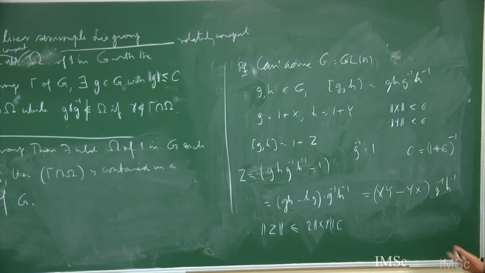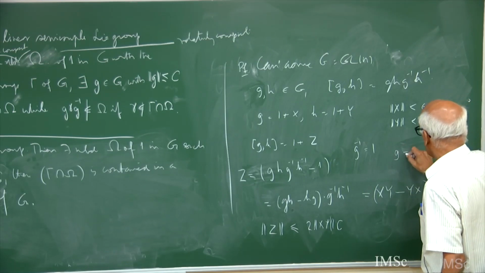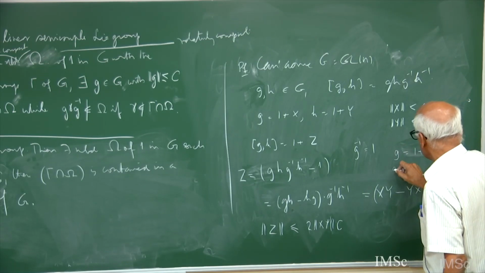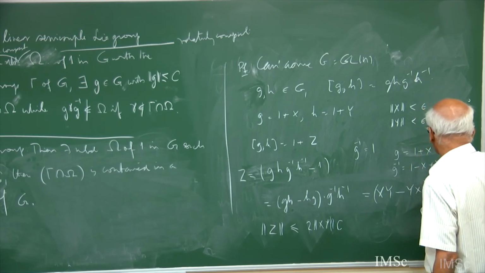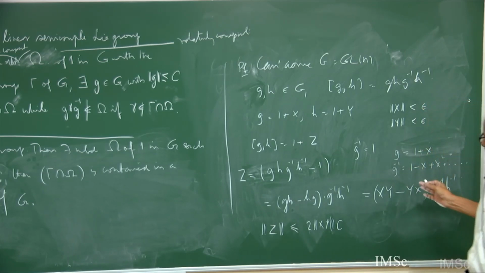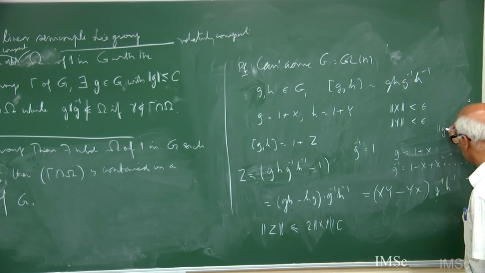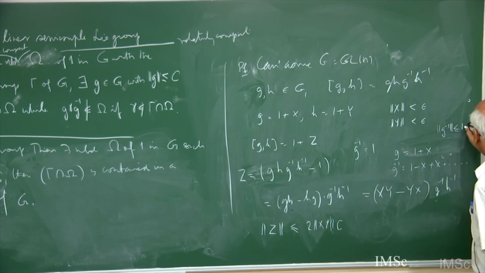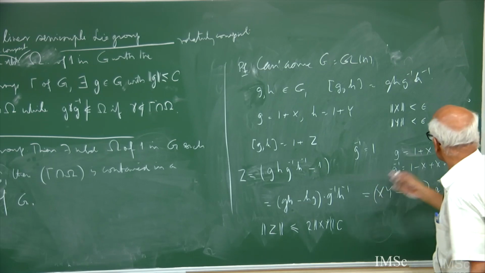What I mean is, G is 1 plus X, so G inverse is 1 minus X plus X square, etc. And then you can estimate the norm of G inverse as less than or equal to 1 minus epsilon inverse from this estimate. And similarly for the other one, so you find some constant C.